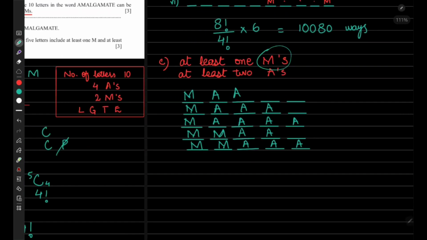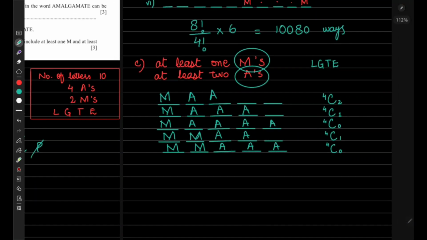We have taken into account M's and A's, so the left ones are L, G, T and E. So we have 4 letters and 2 spaces. 4 letters and 1 space. 4 letters and 0 space, 4 letters and 1 space, and again 4 letters and 0 space.